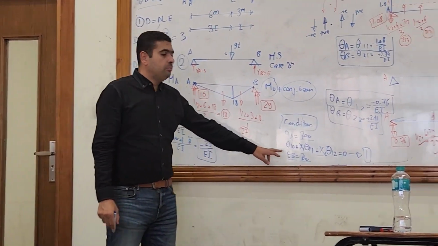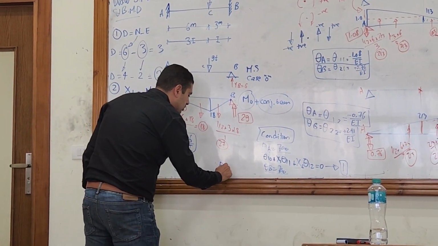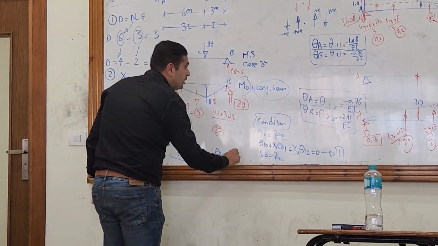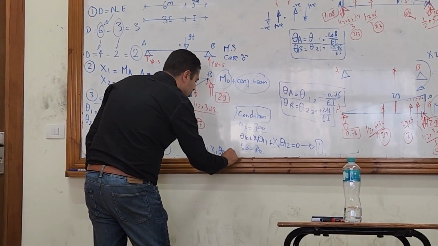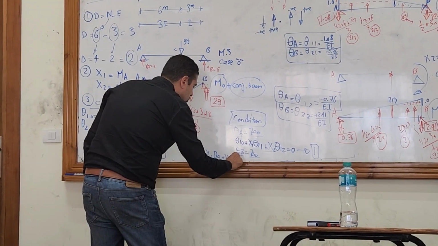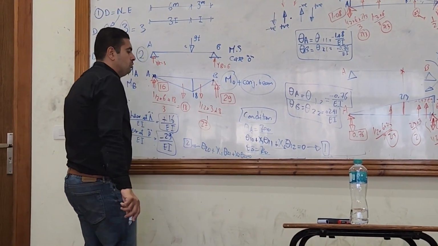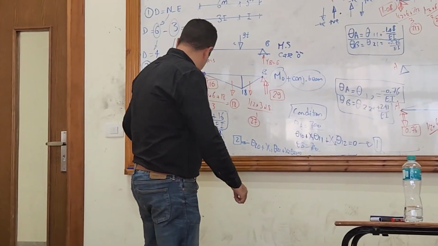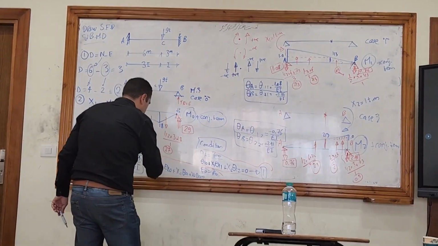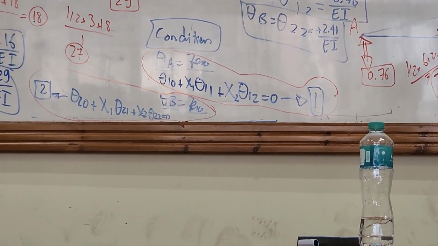What about theta at B equals 0? The same. So theta 2 node plus x1 theta 2, 1 plus x2 theta 2, 2 equals 0. This is equation number 2. What about the EI value?